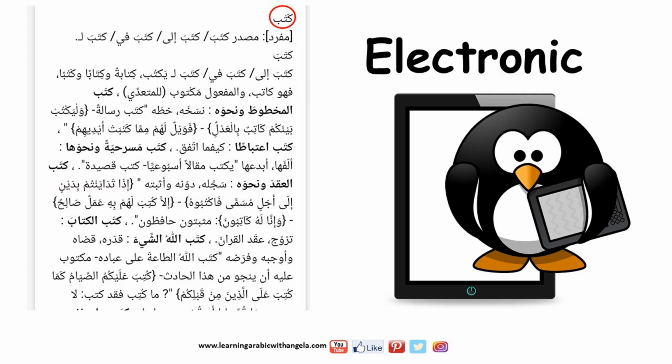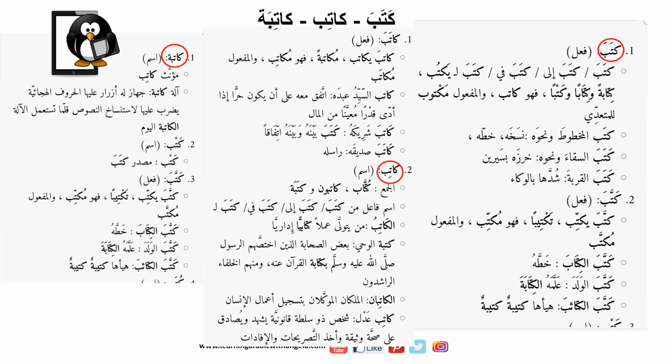Looking up a word electronically is very simple and straightforward. You don't even have to strip the word down. So for example, for verbs that come from the root كتب, all you have to do is type it in the search box and you will get the results instantly.